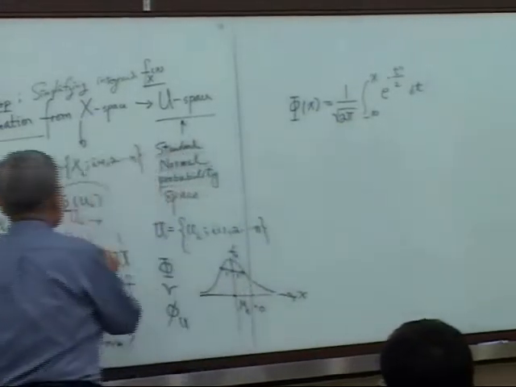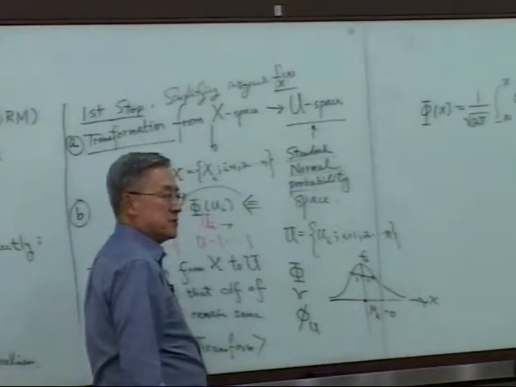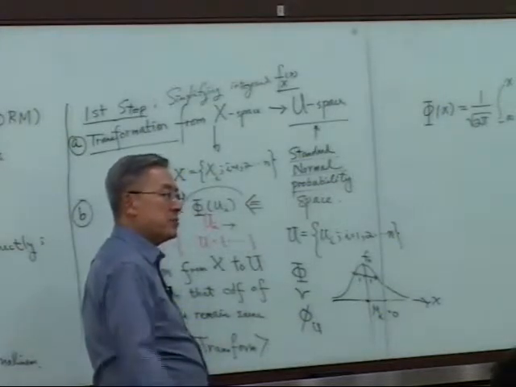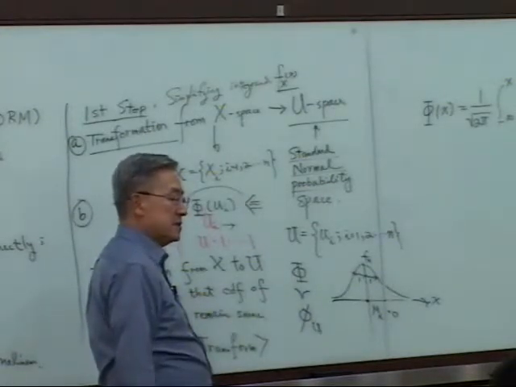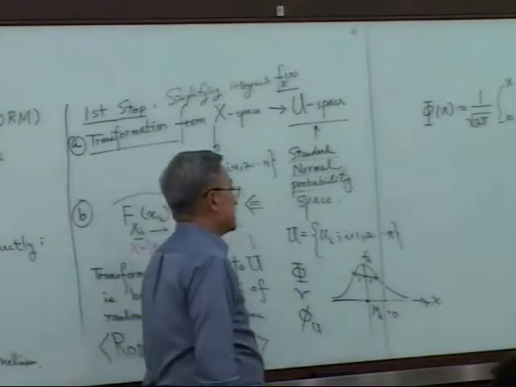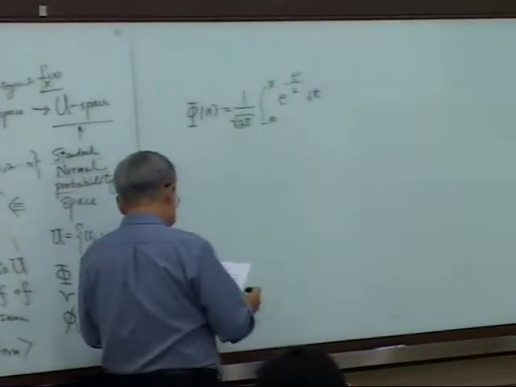So this is the Rosenblatt transformation. The reference paper is listed on the last page of the handout, published in 1972.